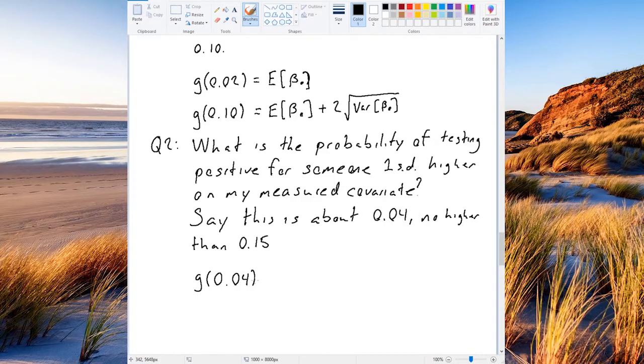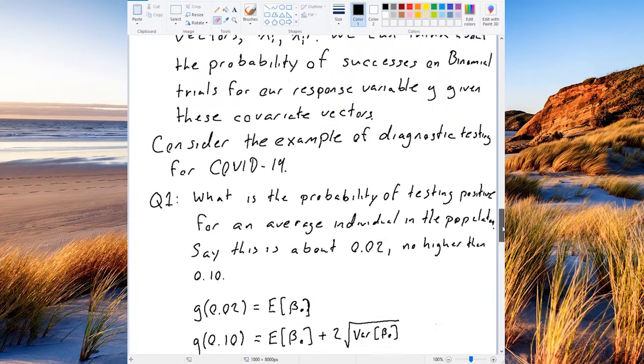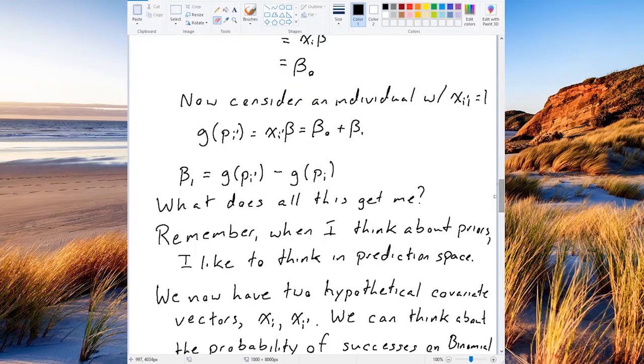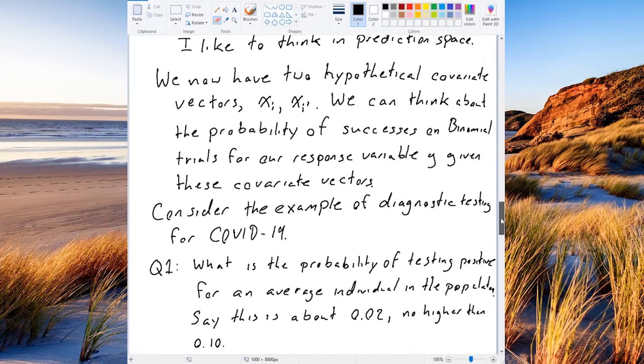Okay, so how can I mess around with this? Well, like I said, instead of considering that raw, we know that beta 1 is equal to g of pi prime minus g of pi.